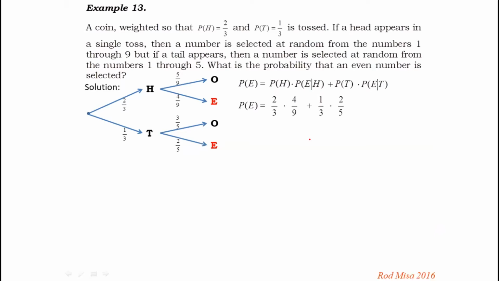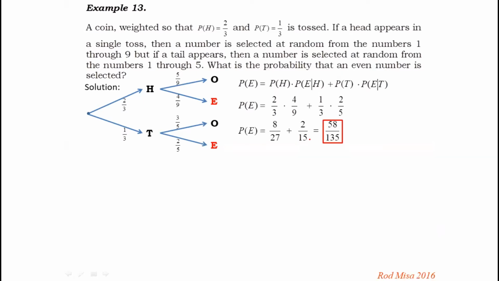So multiplying these fractions, we have 8/27 as the product of 2/3 and 4/9, plus 2/15 as the product of 1/3 and 2/5. Adding these two fractions, we have 58/135. So therefore, there is a probability of 58 out of 135 chances of selecting an even number after tossing the coin.